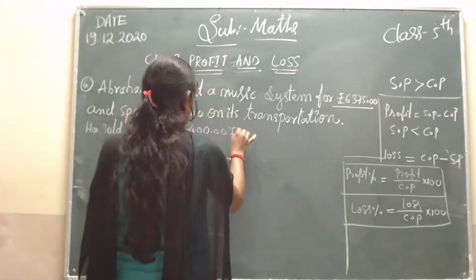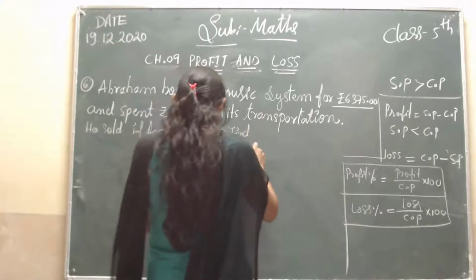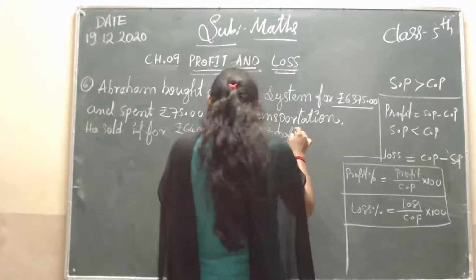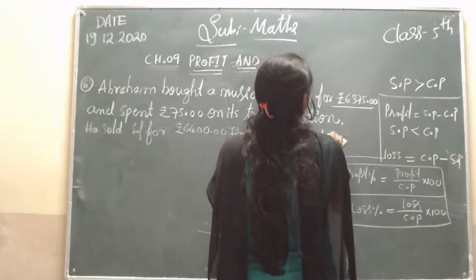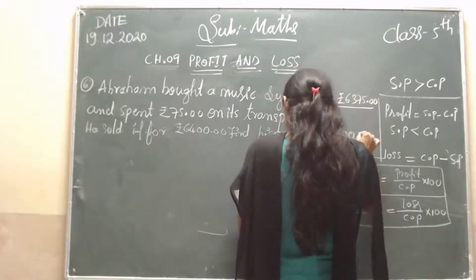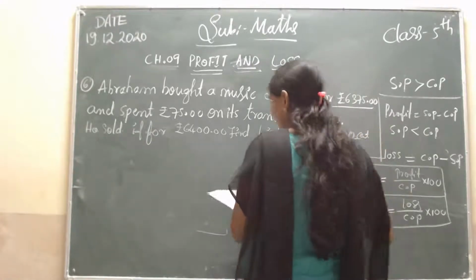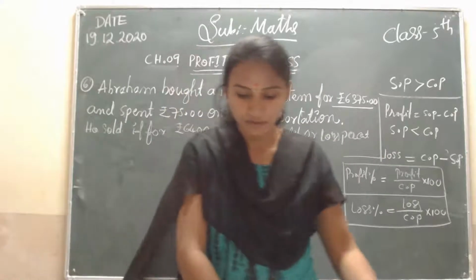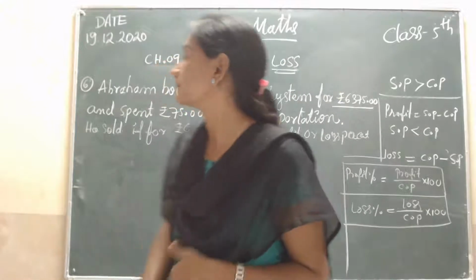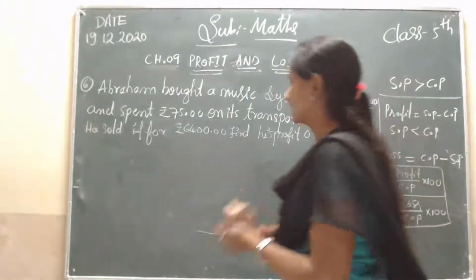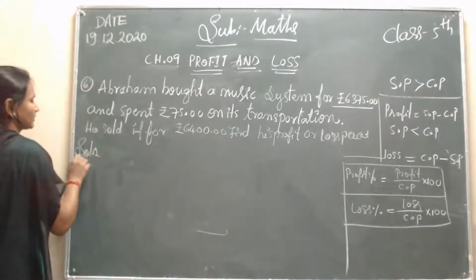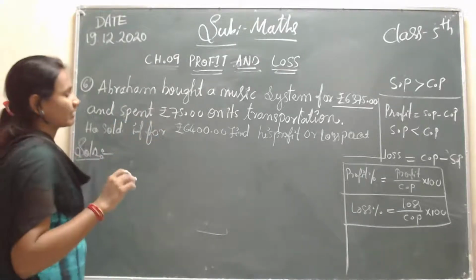Just find whether it is profit or loss. You have to calculate the percentage. Students, first you see the question. So what is the first sentence? First you have to write the given values.